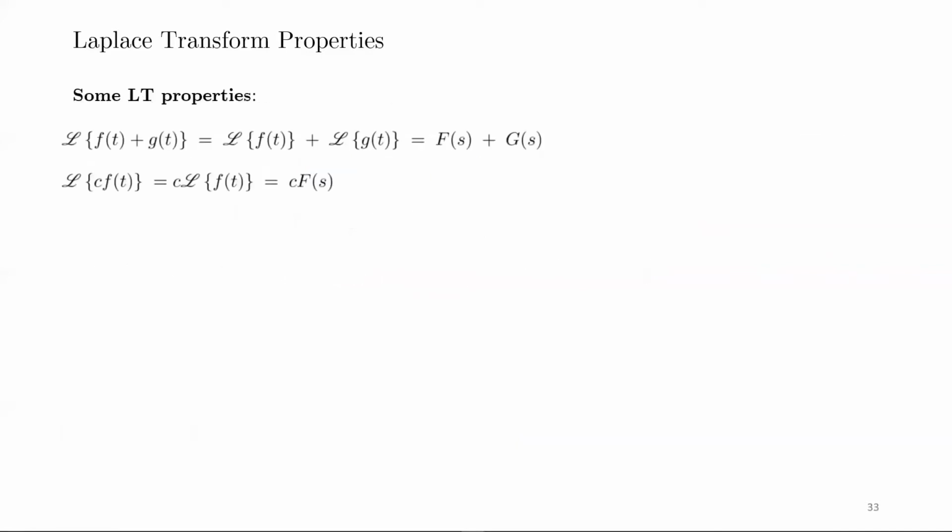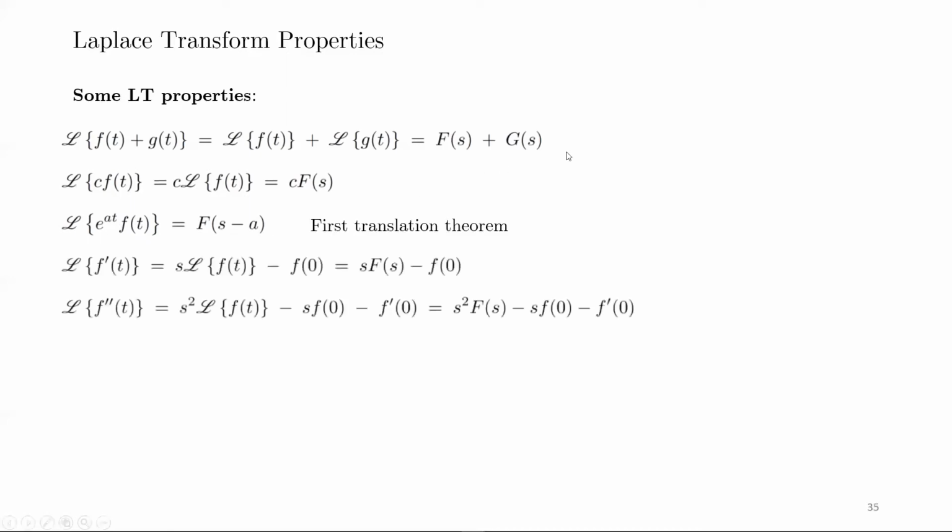Okay, just to summarize what we've done so far, we've learned a few things. We've learned that the Laplace transform is linear, so these two properties here are essentially saying that the Laplace transform is a linear operator. We've learned this thing called the first translation theorem. If we take some function f of t, which we know the Laplace transform of, and we multiply it by e to the at, the Laplace transform of this product is equal to the Laplace transform F of s evaluated at the new point s minus a.